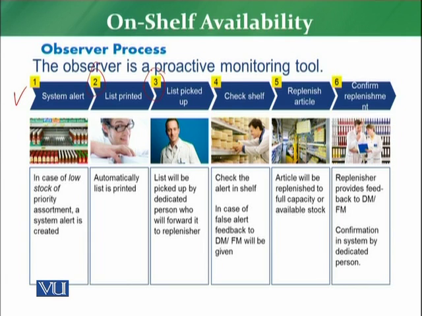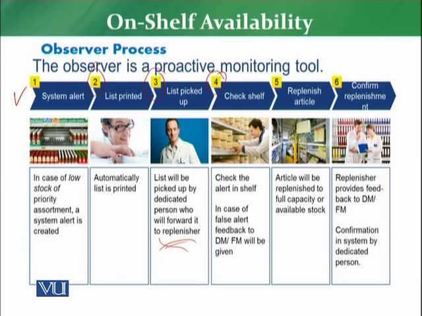The third part, after immediately printing the list, is the list pick up. There should be a dedicated person who immediately takes this list and forwards it to the person who is going to replenish that particular assortment or article. So immediately forward the list to the replenisher, the person who will replenish the products on the shelf.